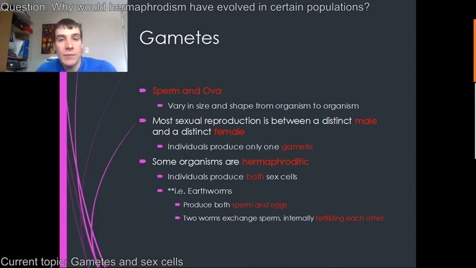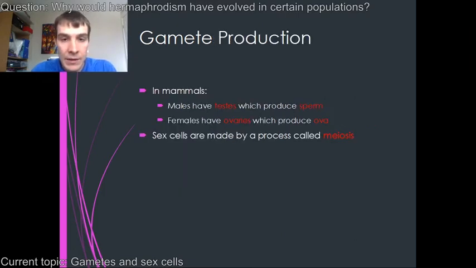Like earthworms and leopard slugs, they will fertilize each other, so both of them get pregnant. You get twice the offspring in one mating event, which is useful for them. So that's gametes and sex cells. That's our question. Moving on.